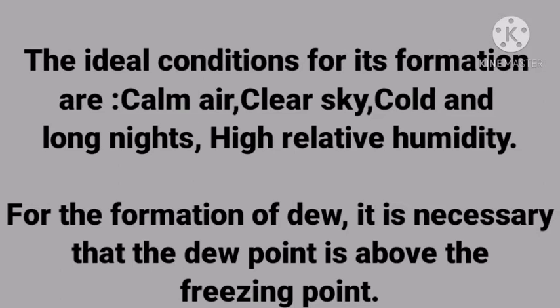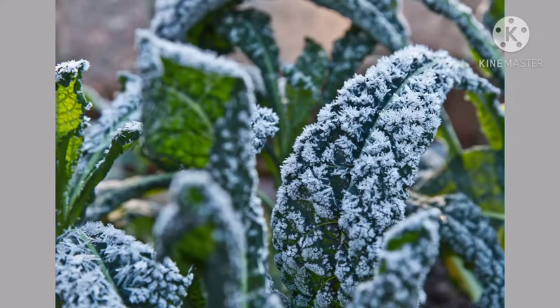In other words, dew is condensed moisture that forms in place as a consequence of contact cooling. Clear sky, calm air, high relative humidity, and cold and long nights are the ideal conditions for the formation of dew.